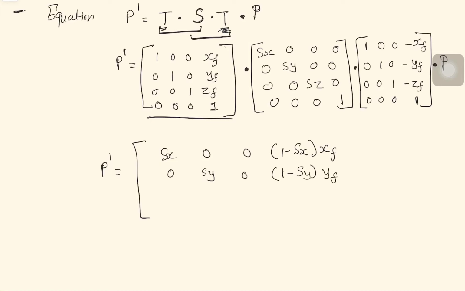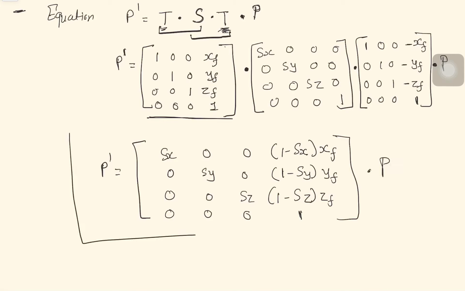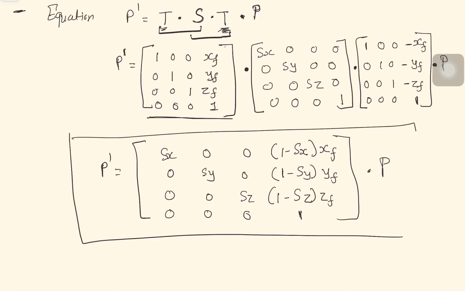And third, that is 0 0 Sz 1 minus Sz zf, right, and last 0 0 0 1 into P. So this is the final formula for fixed point scaling.